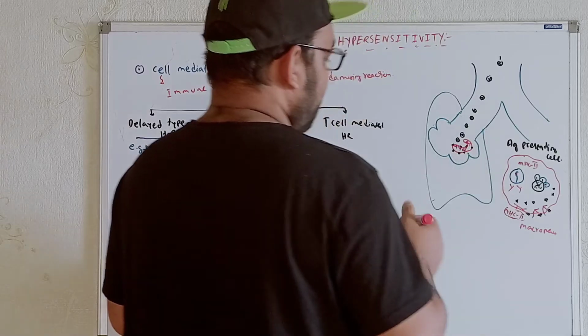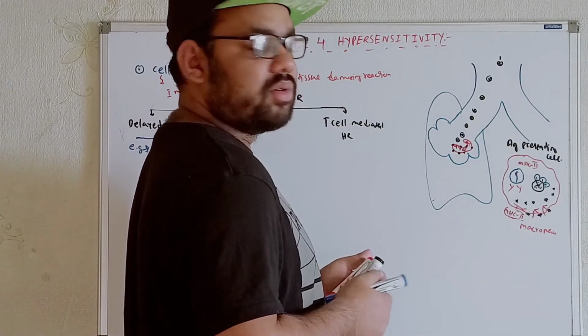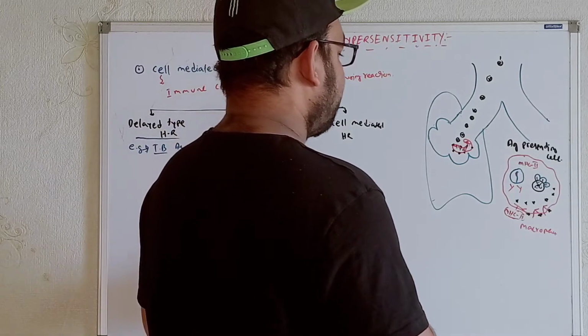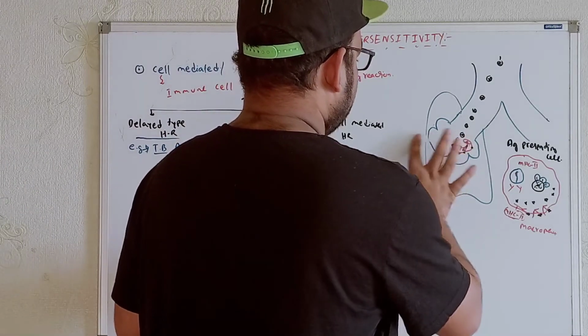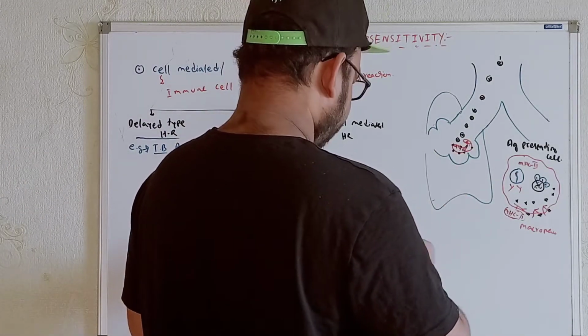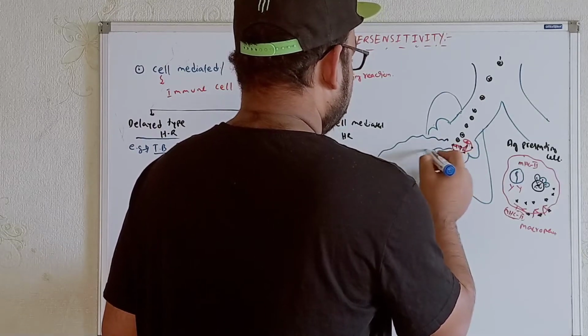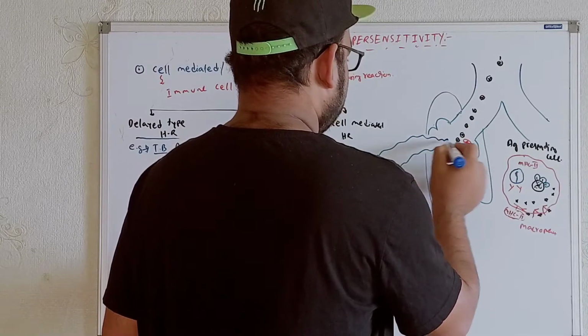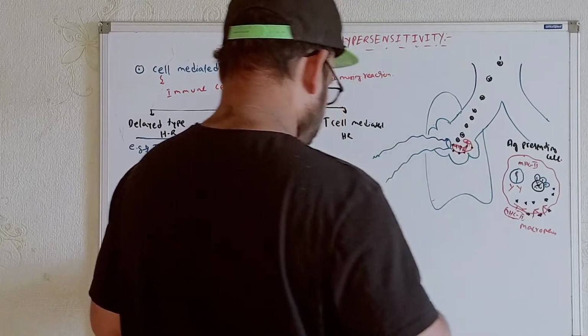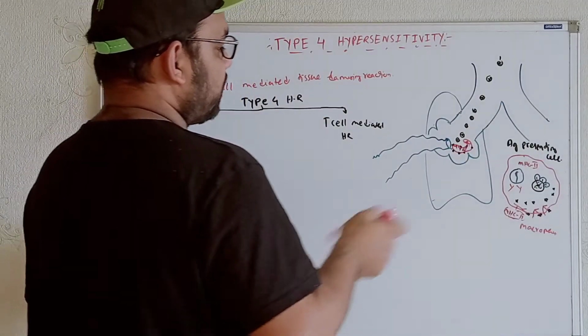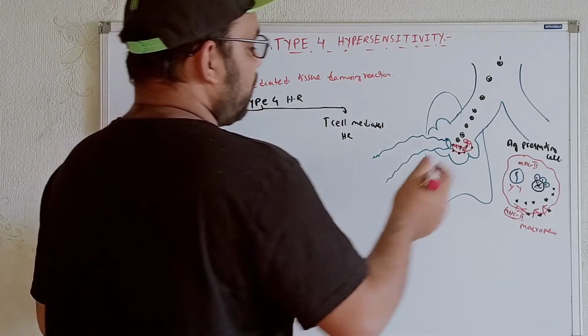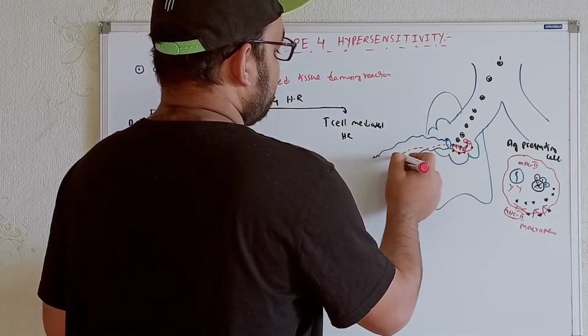Through the lymphatic system, through the lymphatic ducts, it will go to the lymph nodes. So ultimately we can write here, through the lymphatic system, this whole thing will be sent within the lymphatic system.